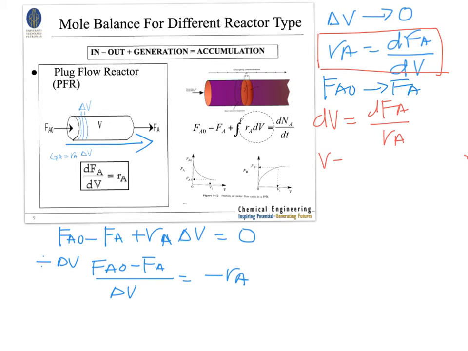So V will be equal to the integral of dFA over RA. This will be the equation required to calculate the volume of a PFR.